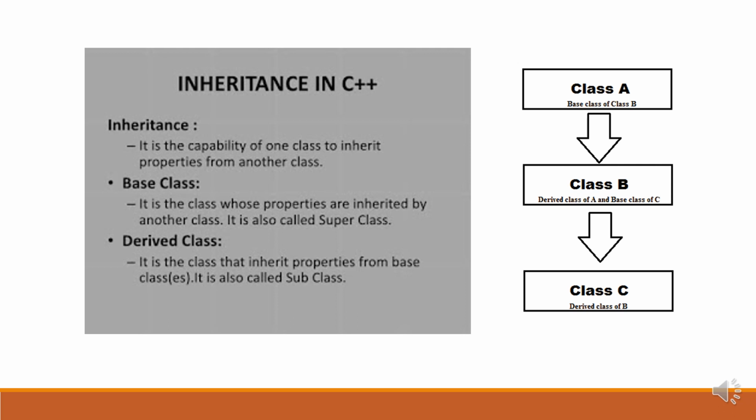In the figure, class A is the base class. Class B is inheriting properties of class A and thus is a derived class of class A. Class C is a derived class of class B and acquires the properties of class B.